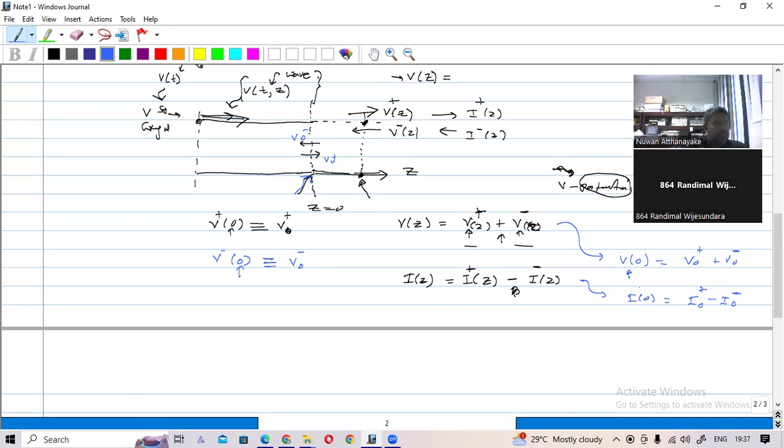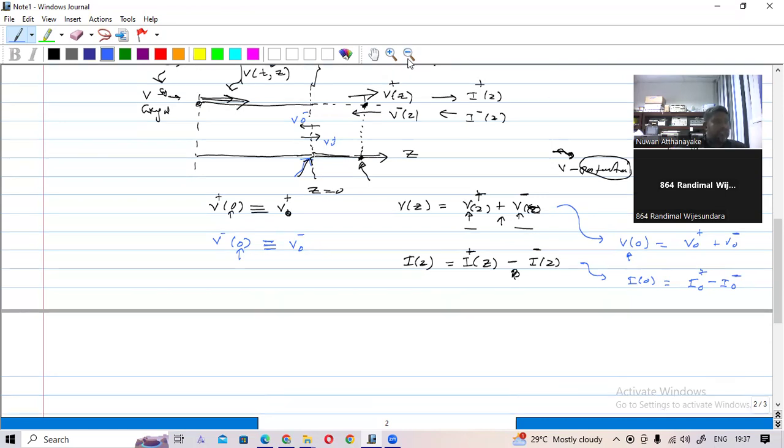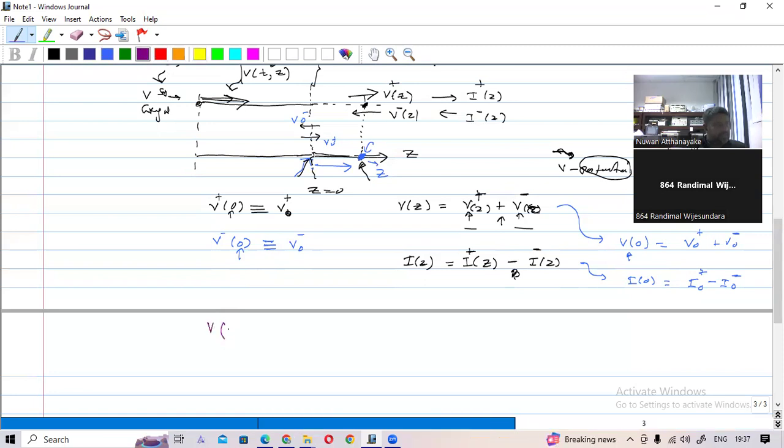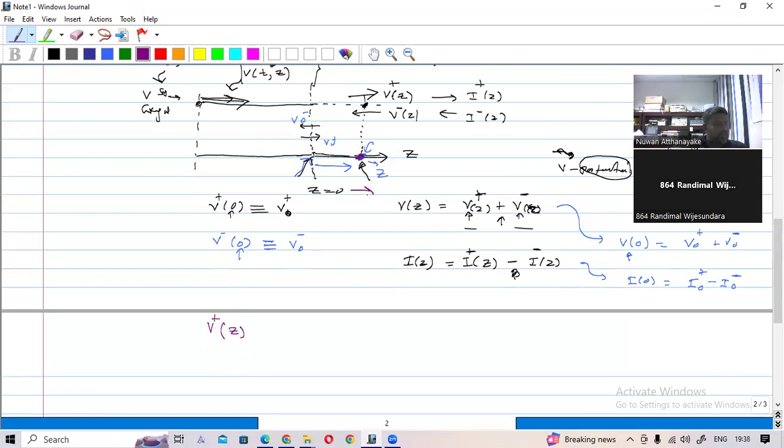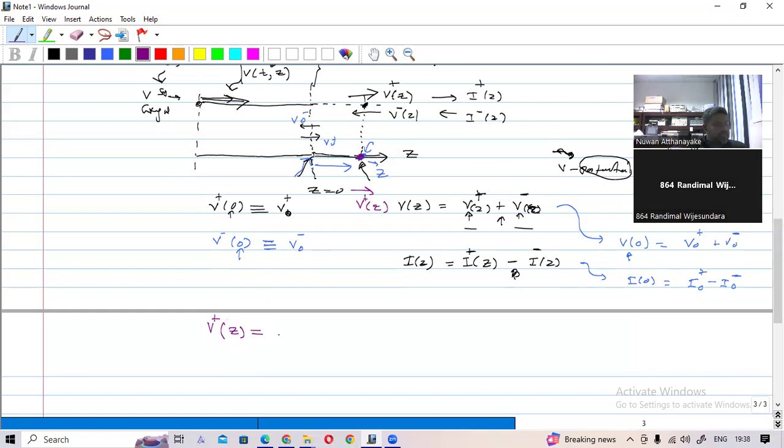So if you consider the forward voltage in the Z direction, if it is V naught plus at Z equal to 0, then at a point Z, the forward voltage is V naught plus e to the power, in this direction.